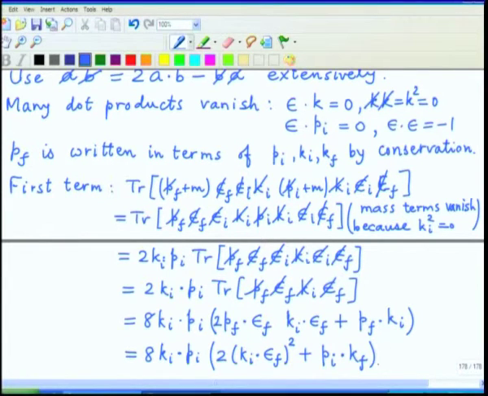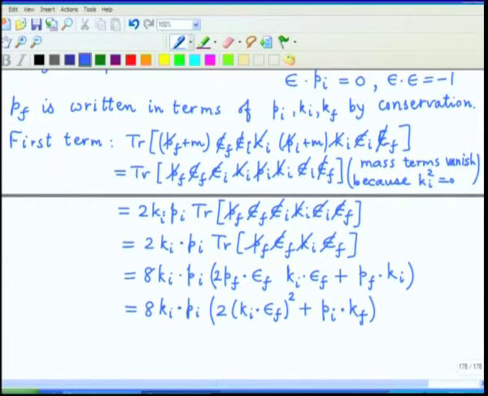This is the final form of this first term, which is useful, all specified in terms of the observable constant. P f is the one which is not observed, and we have to get rid of it from all the expression. So, this is the term.